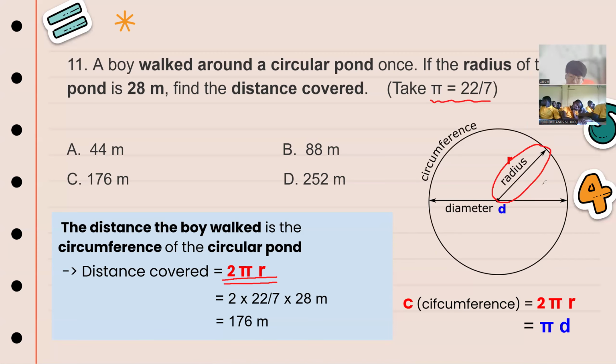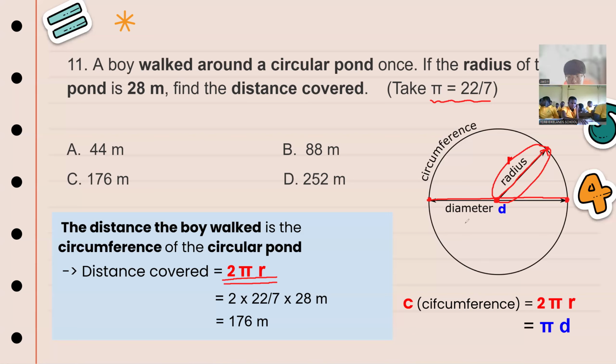Radius is from the center point of the circle to a point on the circle. And the diameter is 2 times r. That makes sense because you're going from one side of the circle to the other by crossing the middle point.